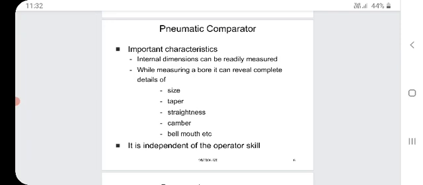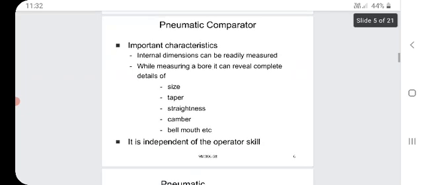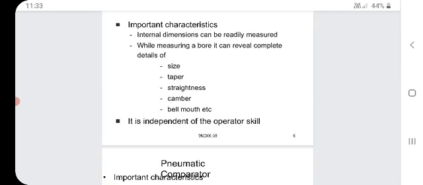While measuring a bore, it can reveal complete details of size, taper, straightness, camber, bell mouth, etc. It is independent of the operator skill.